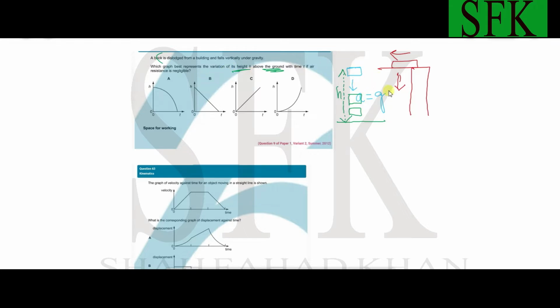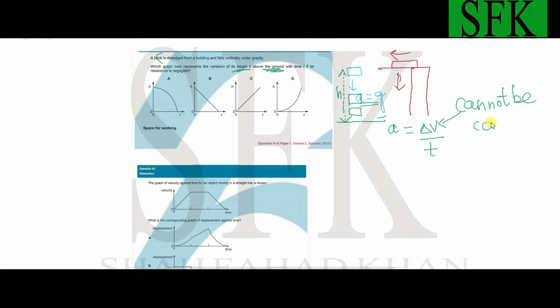We know that this is an accelerated motion, with acceleration equal to the acceleration of free fall. Acceleration is the rate of change of velocity, so this means the velocity cannot be constant.